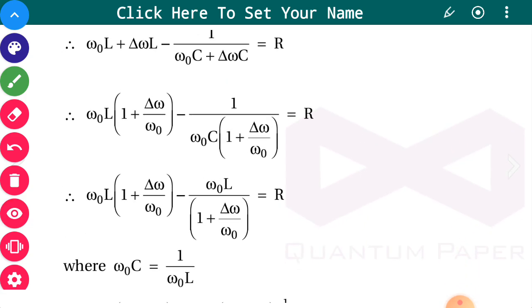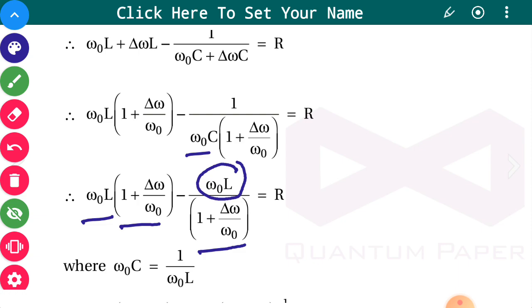Now omega 0 L times (1 plus delta omega upon omega 0) minus 1 upon omega 0 C times (1 plus delta omega upon omega 0).